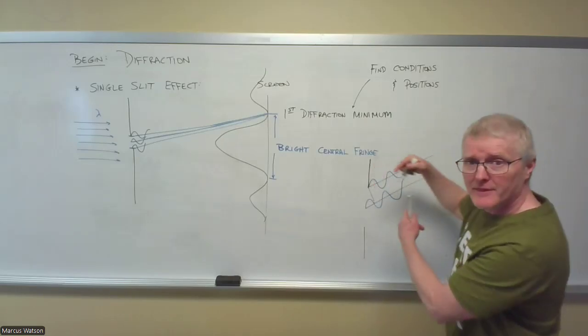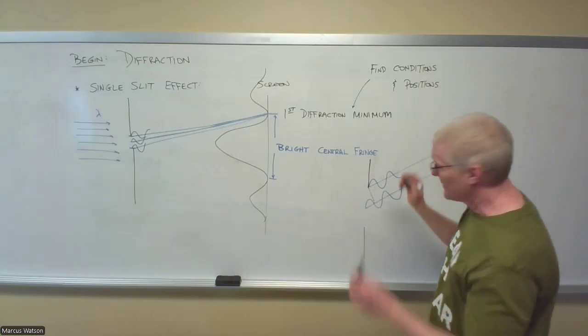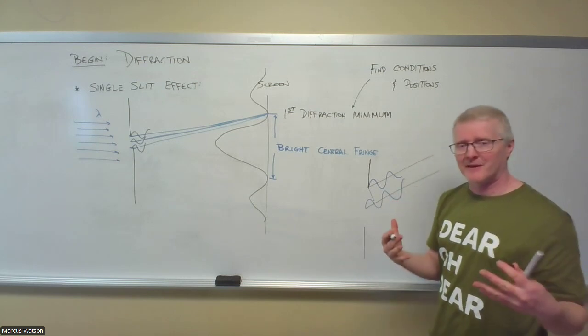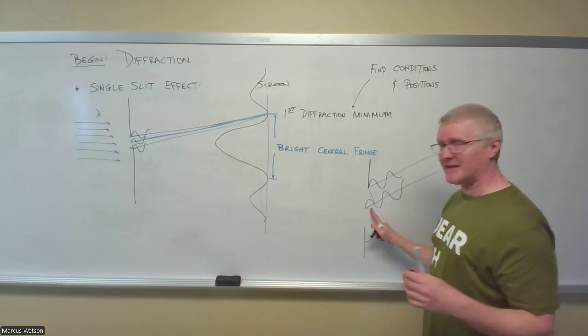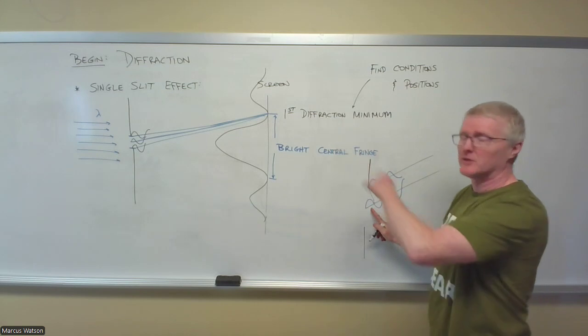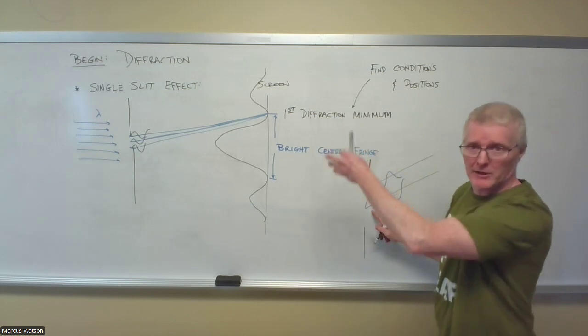Everything after that, they're all traveling the same number of wavelengths. Therefore, the path length difference and how many wavelengths fit in here completely determine the diffraction slash interference that I'm going to get on the screen.